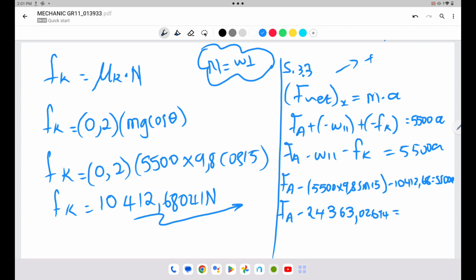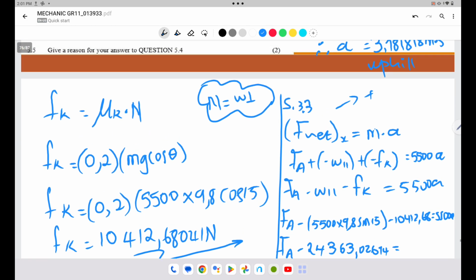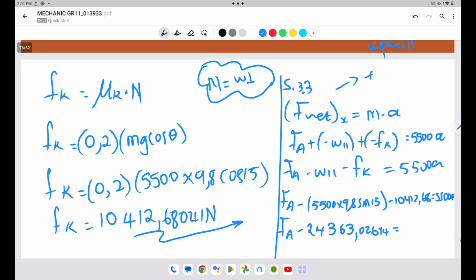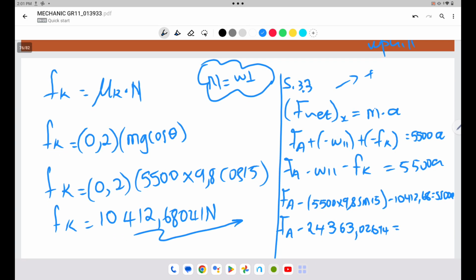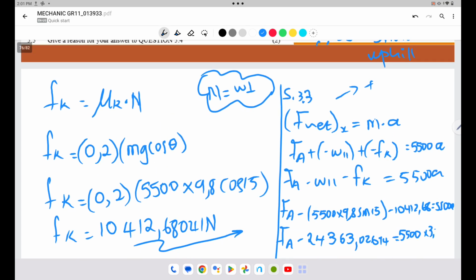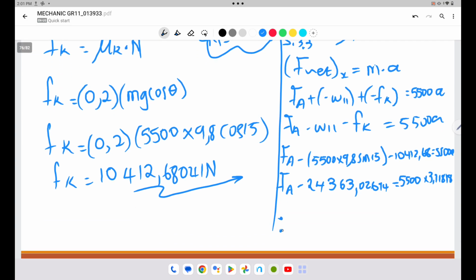So this is equal to the mass multiplied by acceleration. We already have the acceleration from somewhere up there. So when you multiply these two things together, I'm just going to do this. 5,500 multiplied by 3,71818. Okay, so now you can transpose and make force applied the subject of the formula.